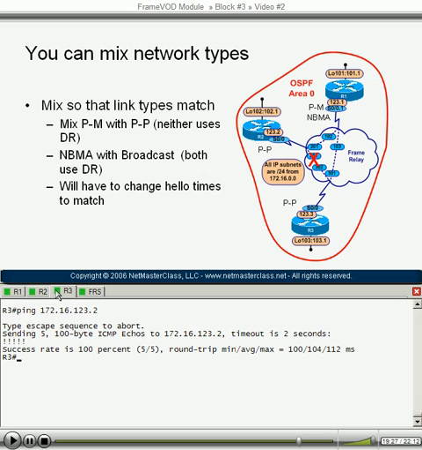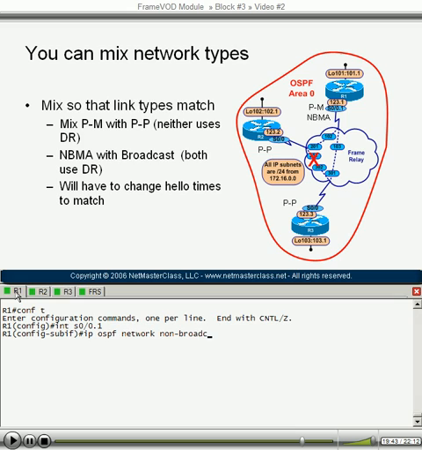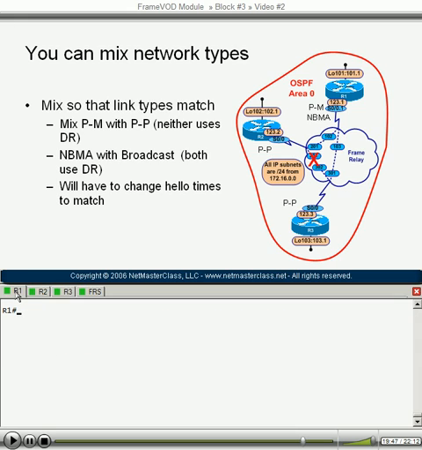Let's see what happens when we try to mix network types. We will change the network type on R1 back to NBMA and see if we can sort out the result. Now let's check our adjacencies.